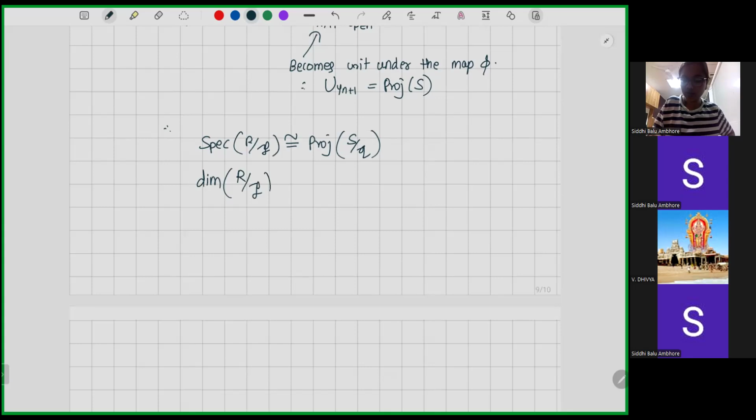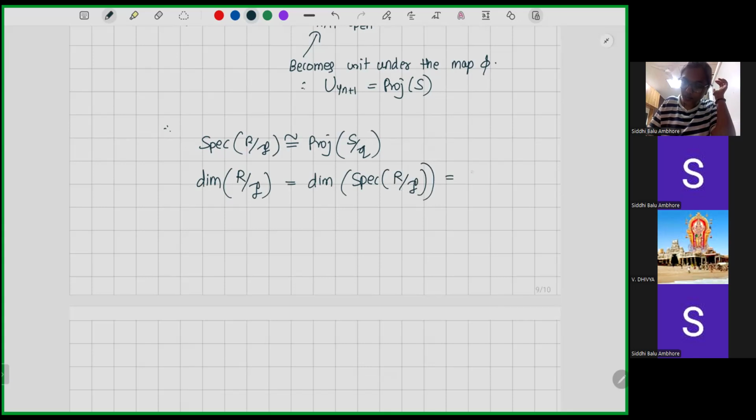Dimension of R mod P is the dimension of this Spec R mod P, and that is not the problem.